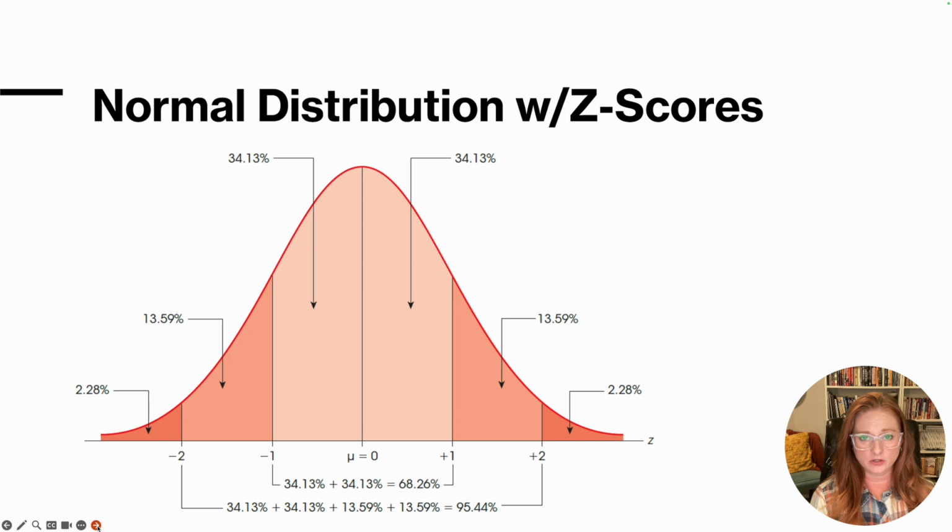Also, because it's symmetrical, 13.59% of us have an IQ score between -2 and -1 z-score. Right? Because again, what happens on the right-hand side happens on the left-hand side. And then watch how fast the percentage drops again. 2.28 on both sides. Okay?